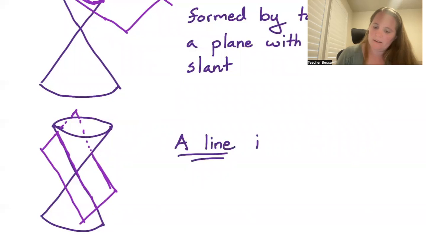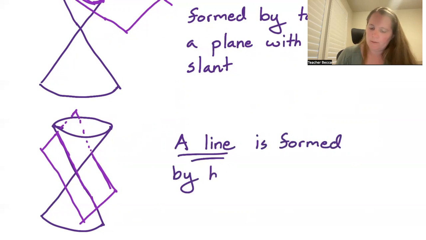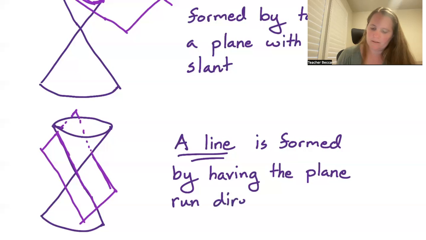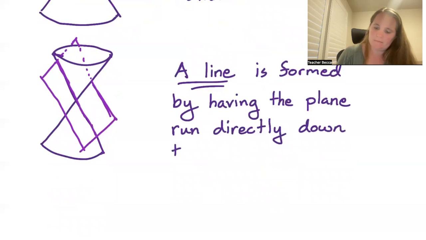So a line is formed by having the plane run directly down the side of the cone.